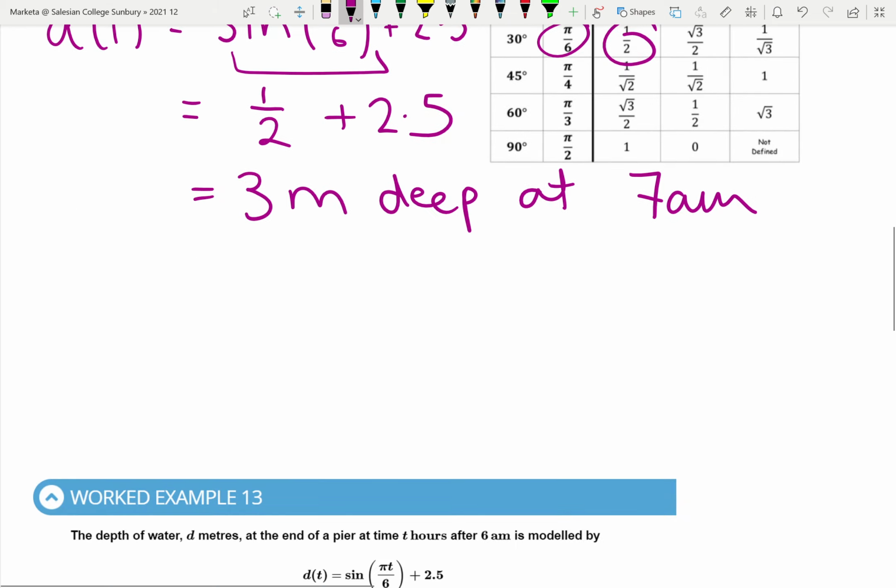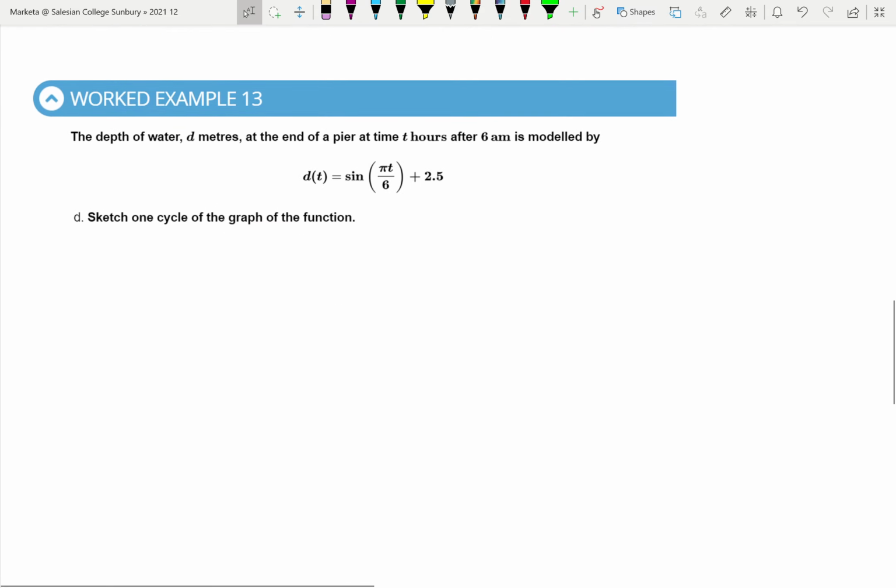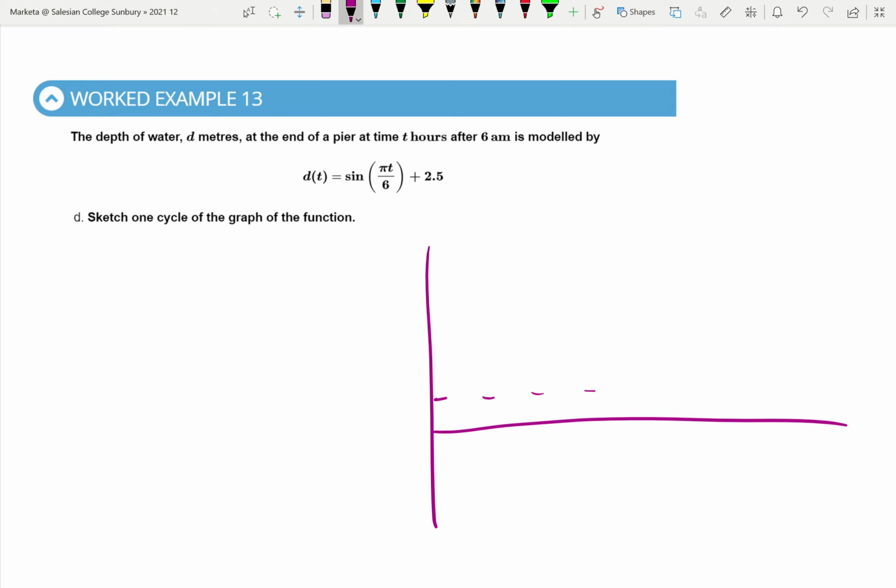Let's move on. The depth of water, d meters at the end of the pier at time t hours, is modelled by this. Sketch one cycle of the graph. So we've already done that. Look, I'll just put it here for the sake of completeness. 1.5, 2.5, and 3.5. Oops.